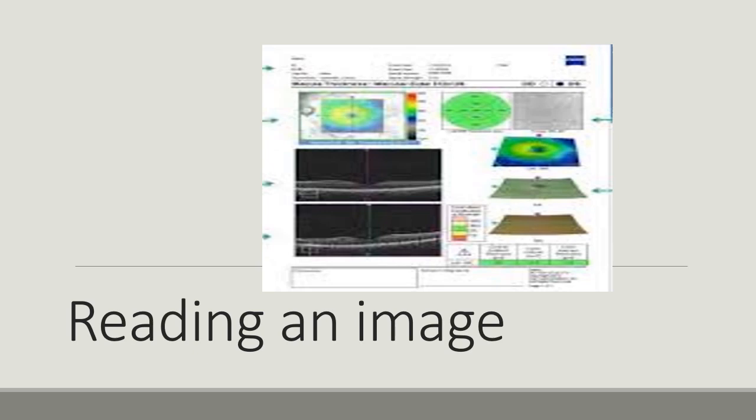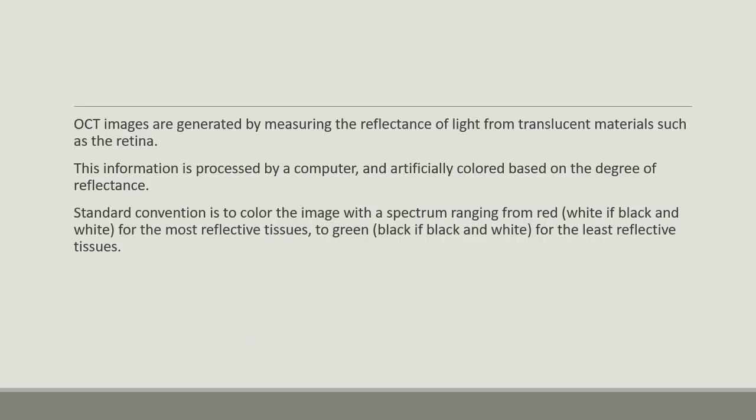So our main concern is how to read an OCT image. As we have talked about the principle of OCT, up to now we all should know that OCT images are generated by measuring the light that is reflected from the retina. This light is then processed in a computer, and the images are shown in false color coding. This artificial color coding depends upon the reflectivity of the light.